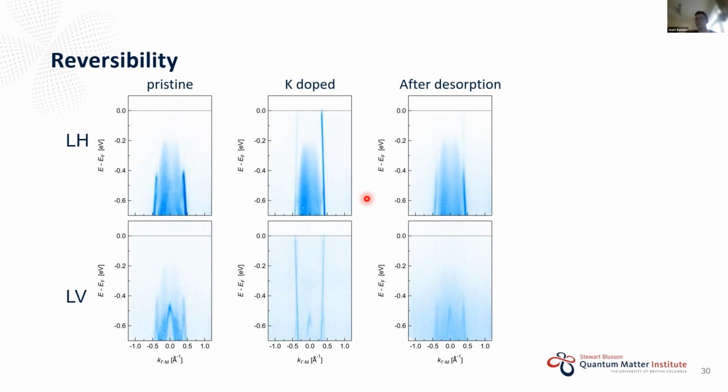And if we then take an additional step and try to desorb the potassium, so we take back the electron doping, we again arrive at a state that is similar to the original pristine state where the gap developed. There's a bit of intensity here that we don't know the origin of yet, and the quality of the spectra gets worse because the treatment is quite harsh on the surface, but you can still clearly see how we revert back to this original band structure.